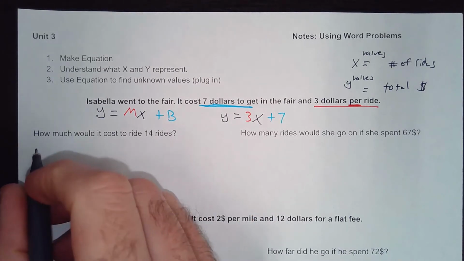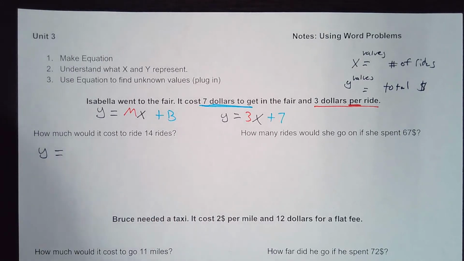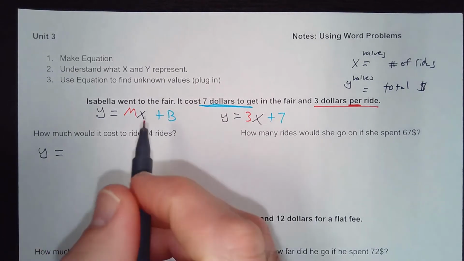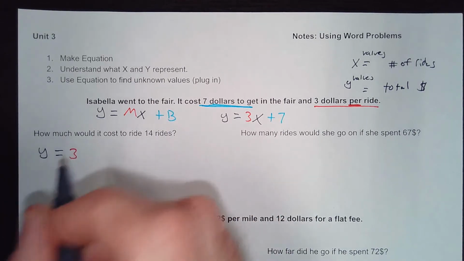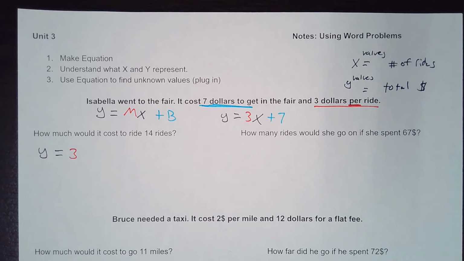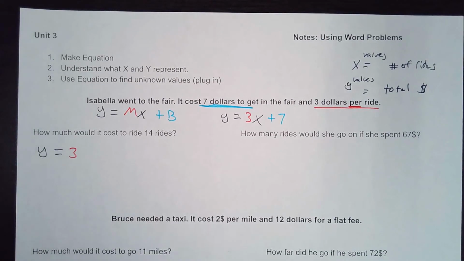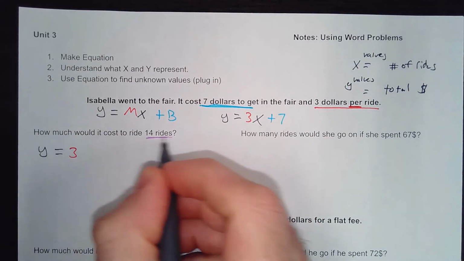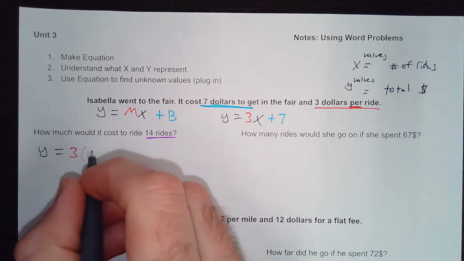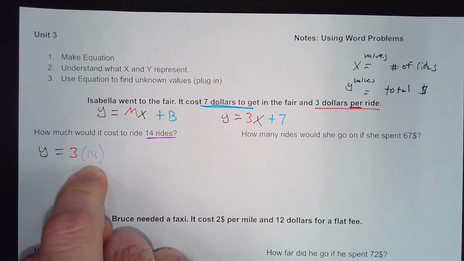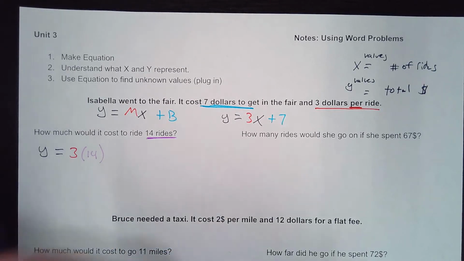We'll write our equation as y equals, that's what we're trying to find, the total cost. Y equals, m is 3. In this situation, our x is 14 rides. So 3 times the number of rides plus the $7 to get in.